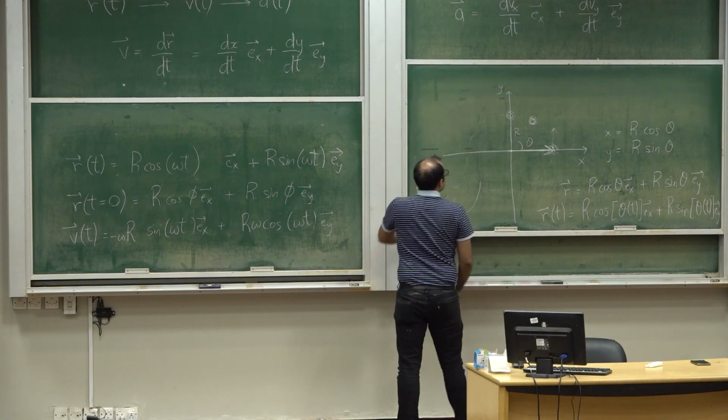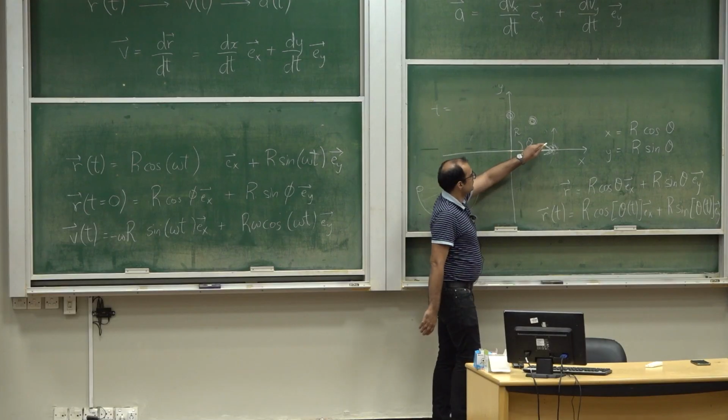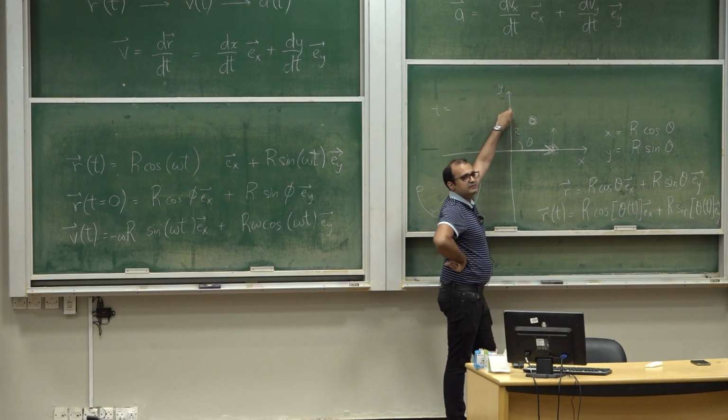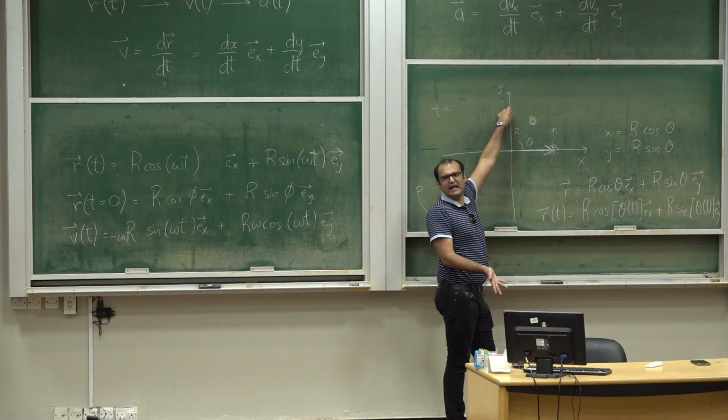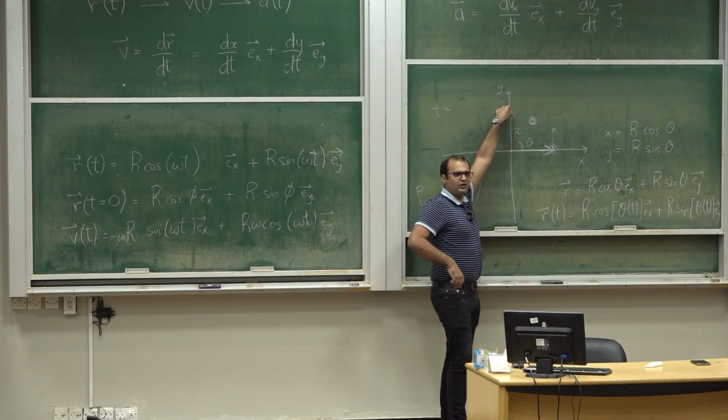When the object goes from here to here, what's the value of t? This is t is equal to 0. At what time is the object over here? I mean, t is a time, not a dimensionless number all of a sudden.